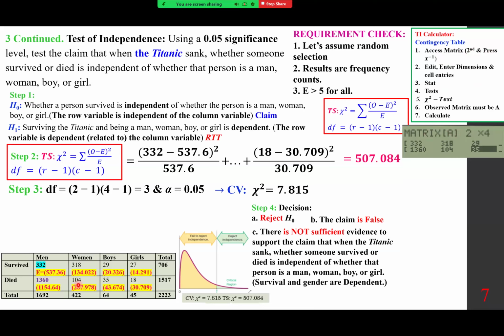This is the matrix, and we put the observed values. Look at the very first entry, 332. The bottom is 1360. The next one is 318. The bottom one is 104. And the rest of them, 29, 35. There's no room to show the fourth column. That's all you have to do. Matrix A is a 2x4.